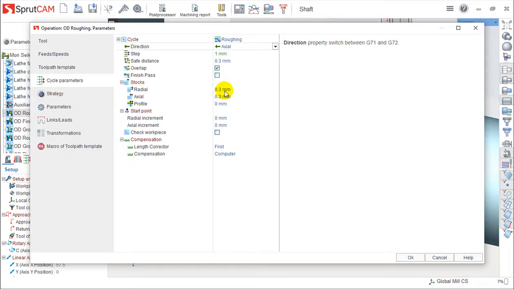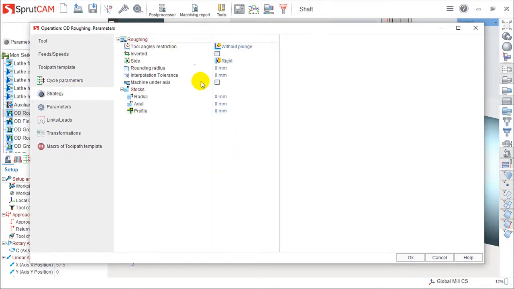Stocks: in milling, we usually define a global stock for the whole part, even though in some of the milling toolpaths we have the same concept of both axial and radial stock, but I would say that in milling it's a global value. In here we have two values. So start points, compensations.